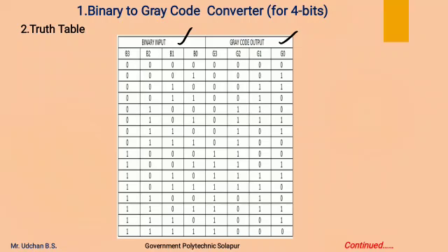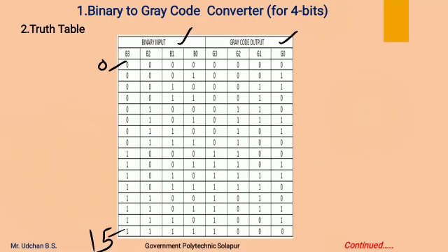As there are 4 inputs, the total number of combinations is 16, from 0 to 15 in sequence: 0, 1, 2, 3, 4, 5, 6, 7, 8, 9, 10, 11, 12, 13, 14, 15. This is the sequence for binary numbers.